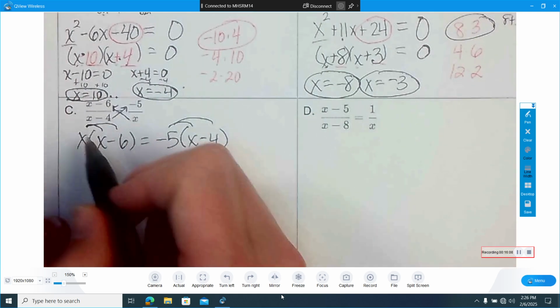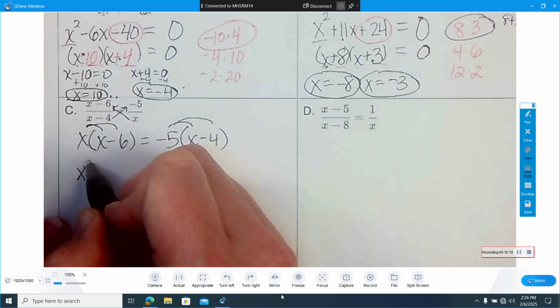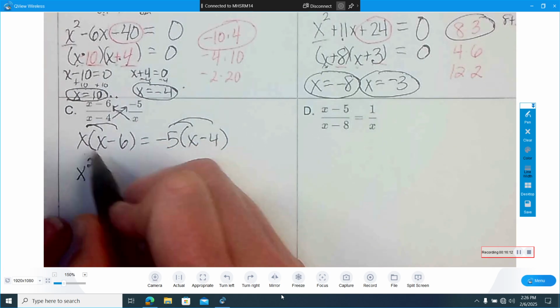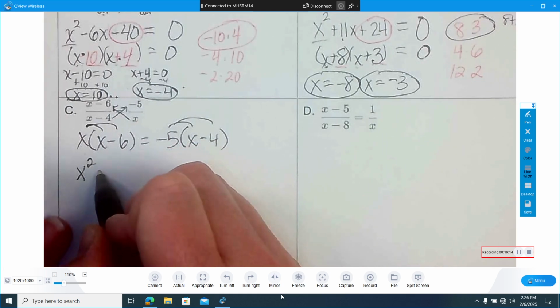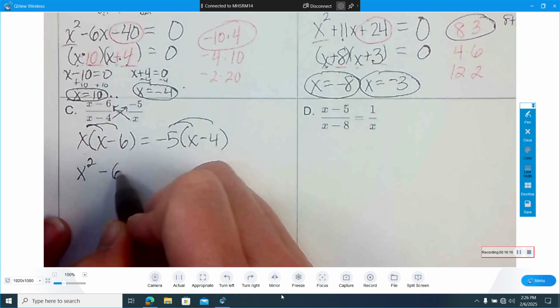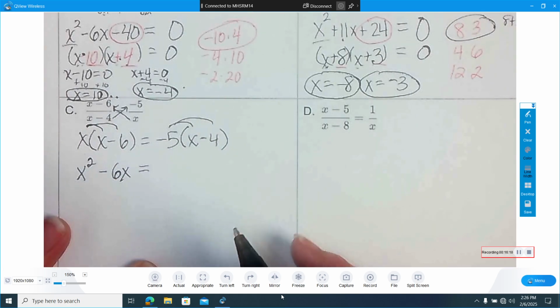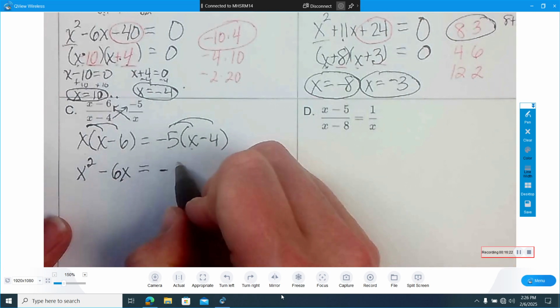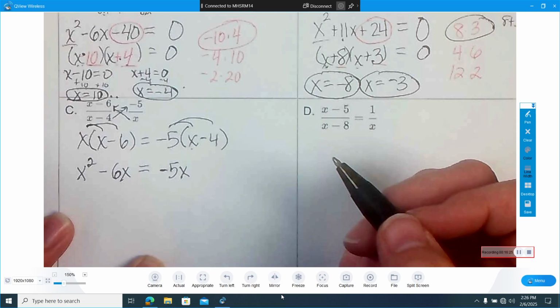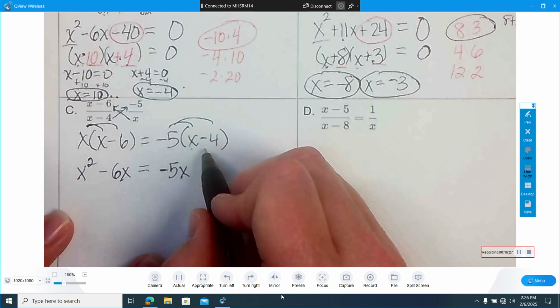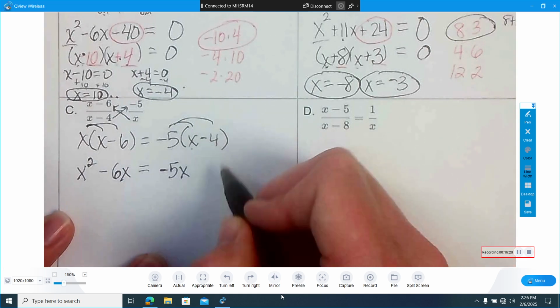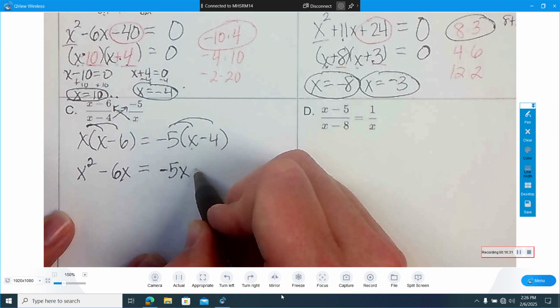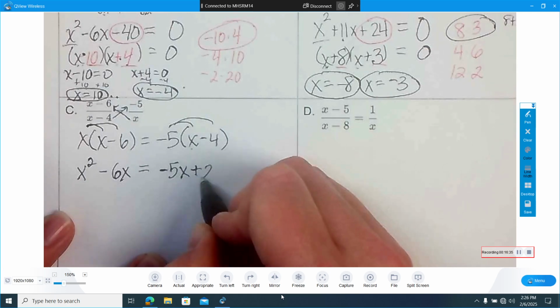x times x is x squared. x times negative 6? Negative 6x. Negative 5 times x? Negative 5x. And negative 5 times negative 4? Positive 20.